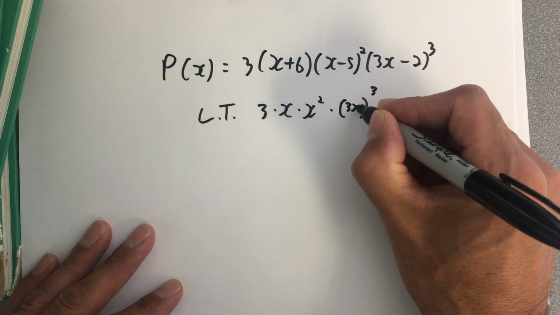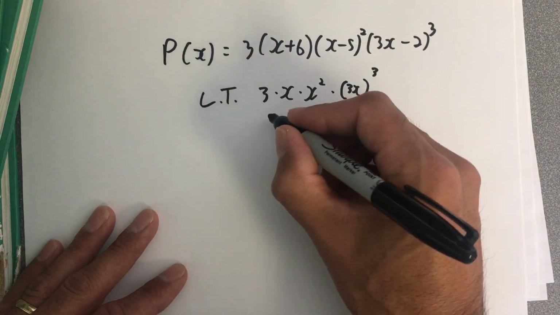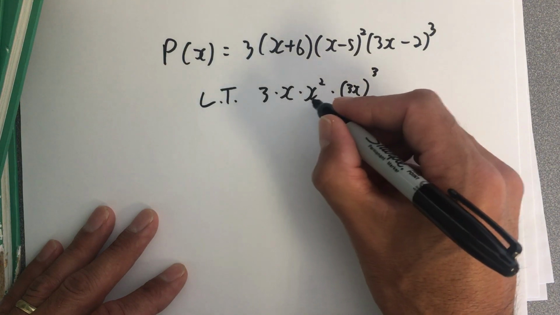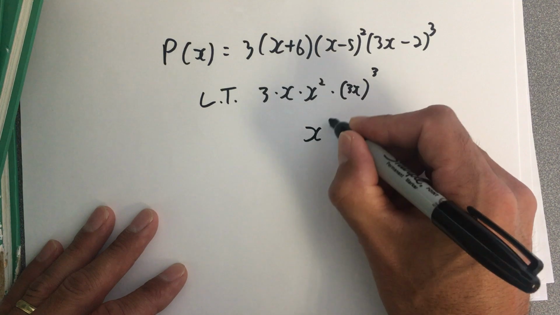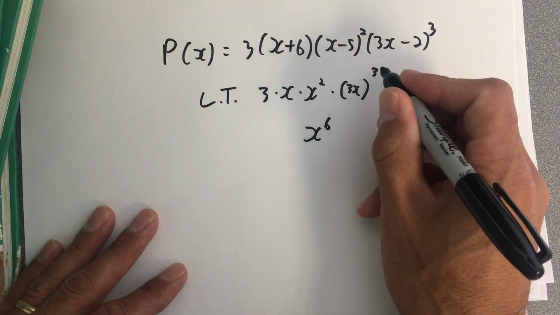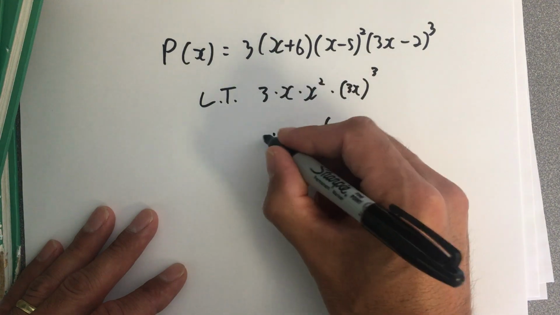So that's 3x, and that is all cubed. So my leading term is, I've got x to the 3, 4, 5, 6. I've got 3 cubed, which is 27, and that's multiplied by 3.